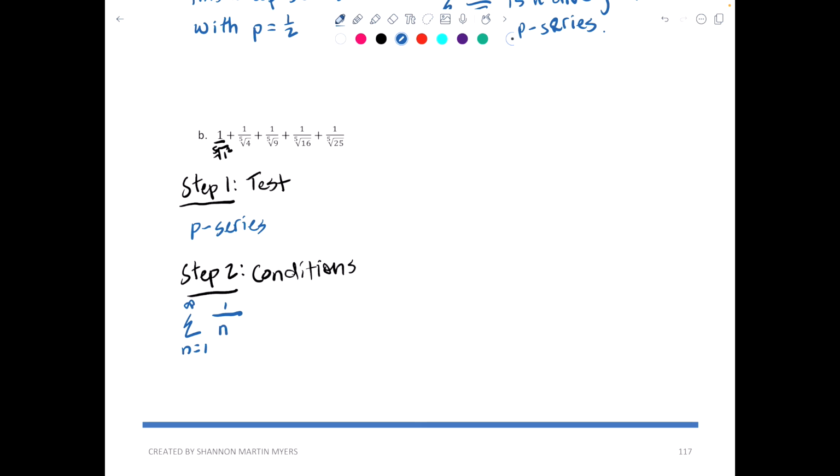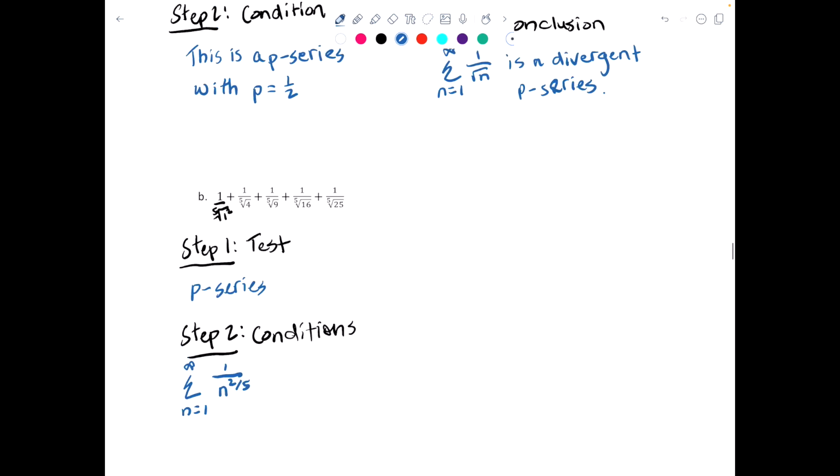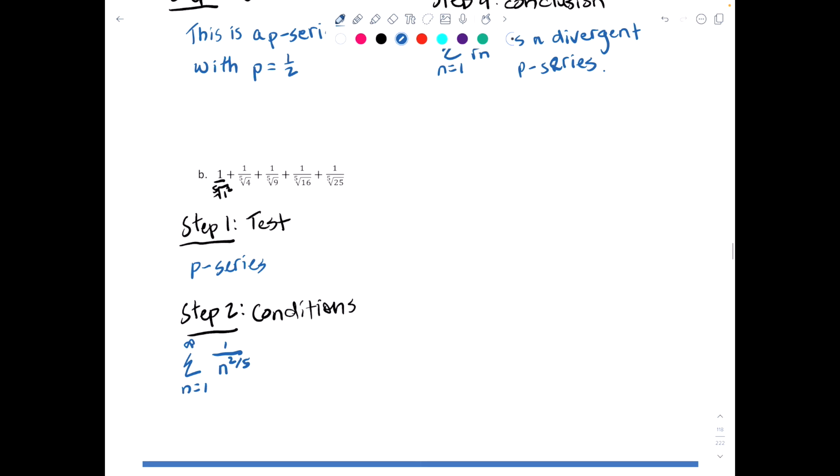Remember, it's power over root, so to the 2/5. So you're squaring each n, and then you're finding the fifth root of it. So this is a p-series with p equal to 2/5.